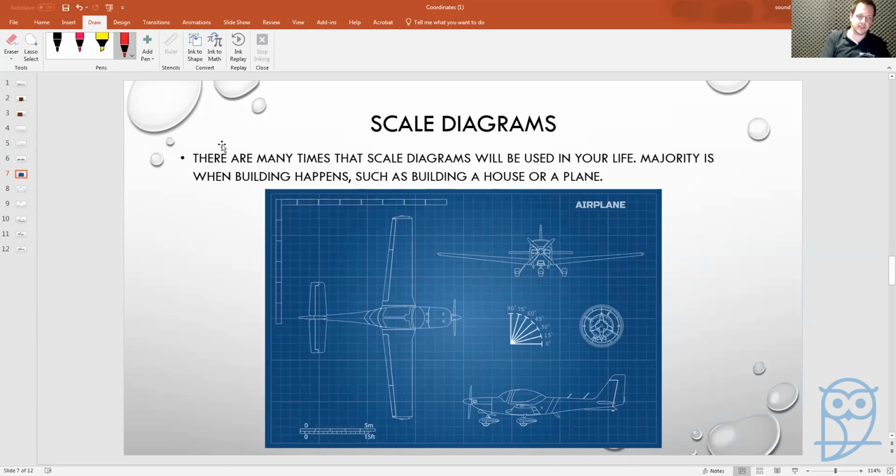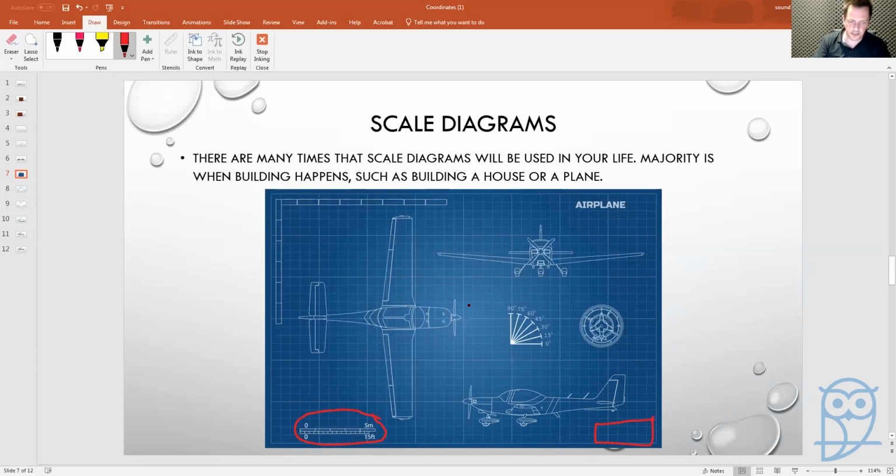Generally, you will find that somewhere towards the bottom of a diagram, you will have a scale. Often it's in the bottom right-hand corner, but it will be somewhere. So this scale here says that that particular distance is equivalent to 5 meters in real life.